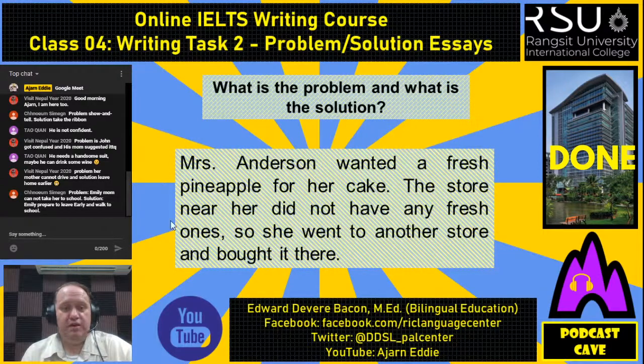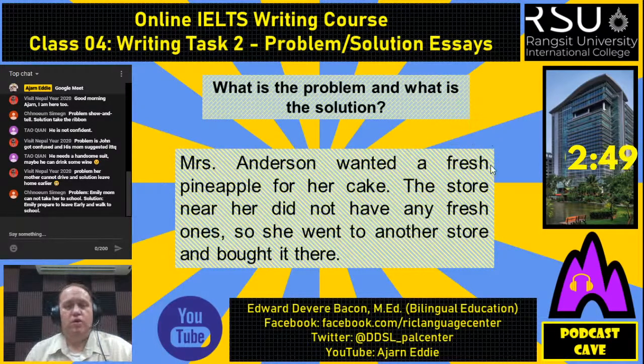So next one. So again, I'm going to give you guys 3 minutes. So read this to yourself. And then tell me, what is the problem and what is the solution? Okay, so I'll read it here for you guys. Mrs. Anderson wanted a fresh pineapple for her cake.